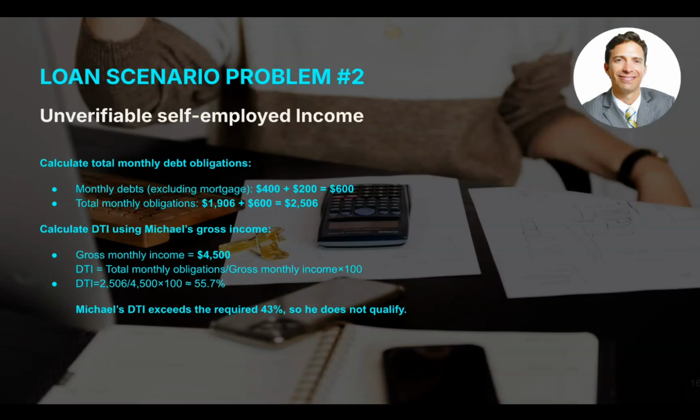So we're going to get $2,506 divided by his gross income, $4,500 times 100, and this is approximately 55.7%. Michael's DTI exceeds the required 43%, so he does not qualify for this loan.